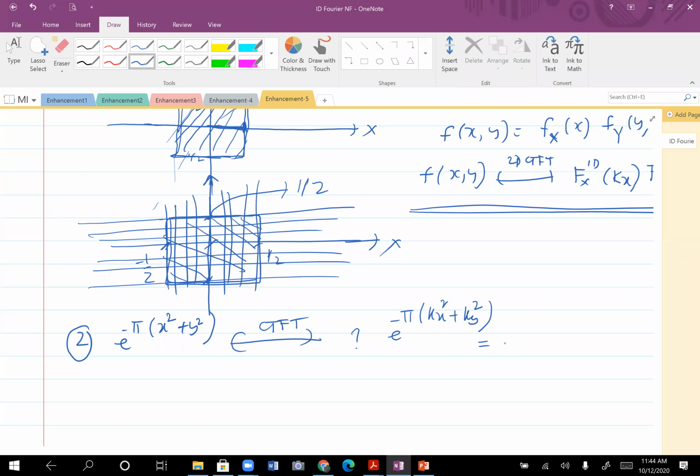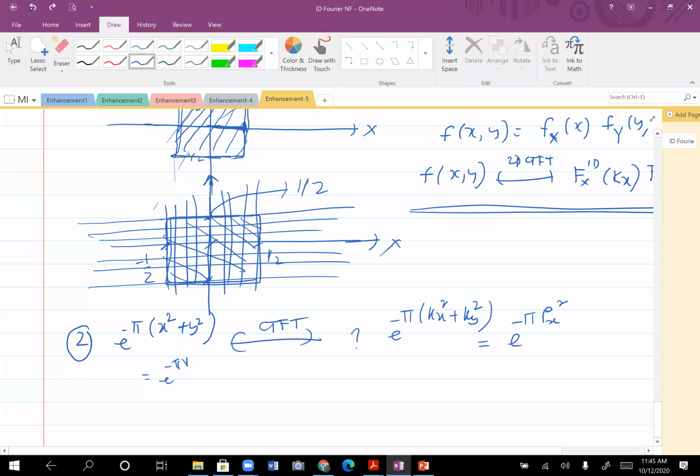Assume, from kx, ky, polar form, I could actually make it something like rho square. It is the same as, for example, e power minus pi r square.